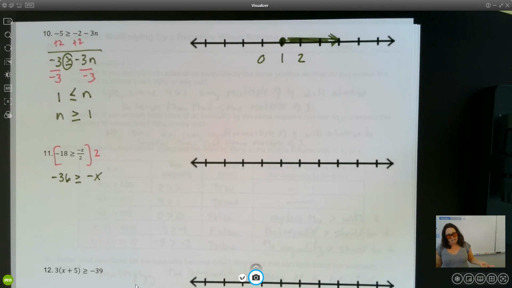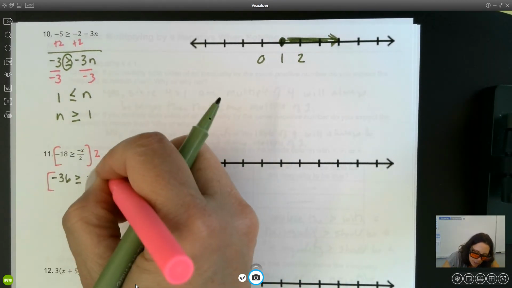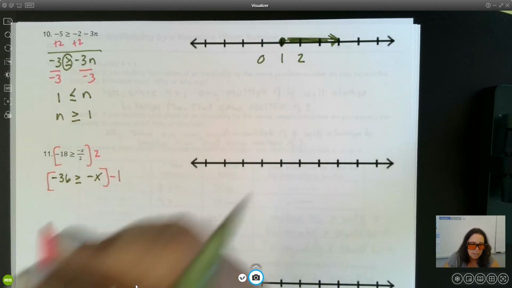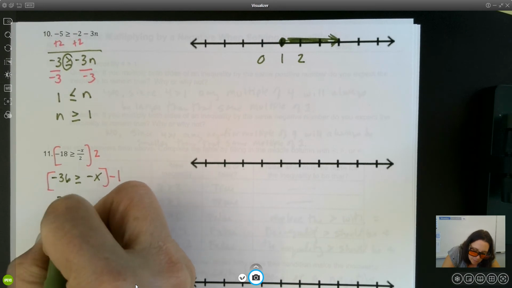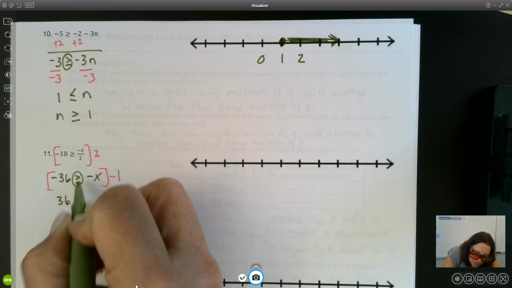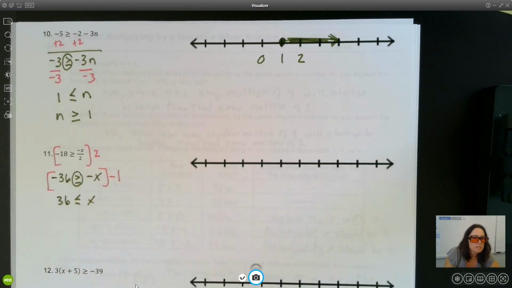Okay, well, we can't have -x. We have to have a +x. So what if I multiplied this whole thing or divided this whole thing by a -1? This would become positive. This must flip. And this would become positive.